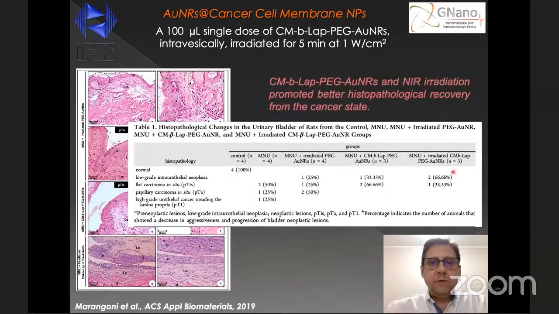As we can observe here, for those animals treated with the nanorods inside the cell membrane nanocapsules and upon irradiation, we observed a better histopathological recovery from the cancer state.